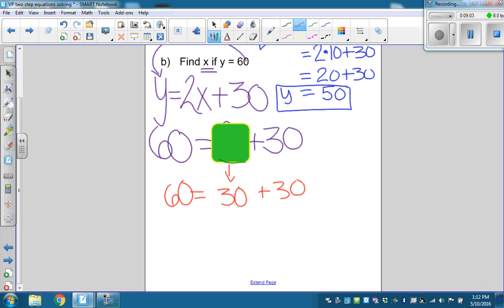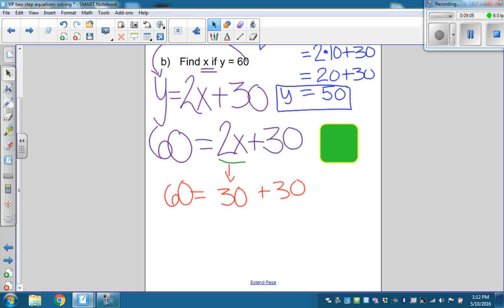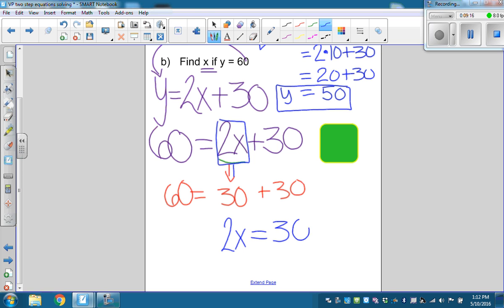So what that tells me is 2x has to be equal to 30. So I'm going to take 2x and make it equal to 30. So 2 times something has to be equal to 30.